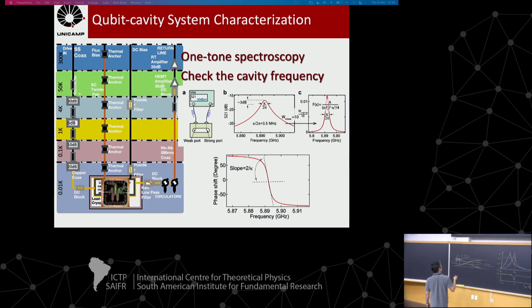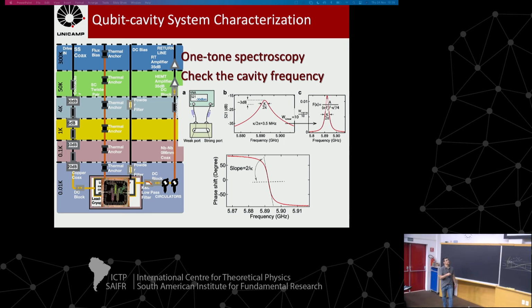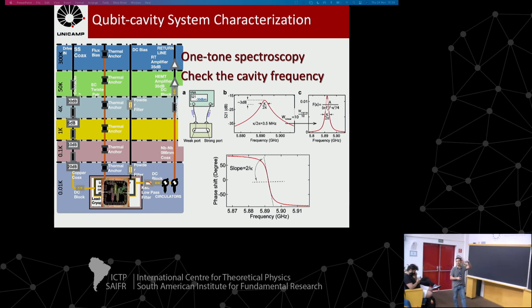So what we do, we put the sample at a very low temperature, 10 milli-K. Then we connect my sample with some lines to bring the signals from room temperature to my device. Because the electrical noise of room temperature is really large, I need to remove this noise from my signal. So I create a really large signal, then I have the signal plus the noise.